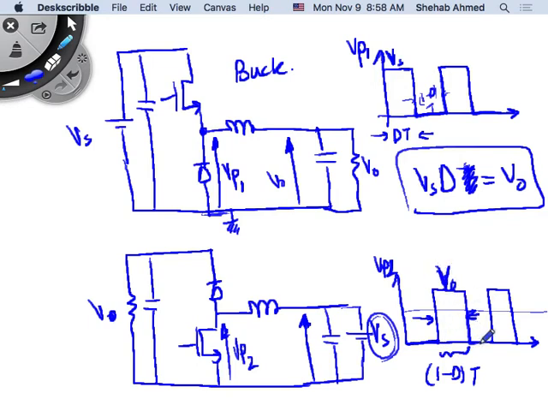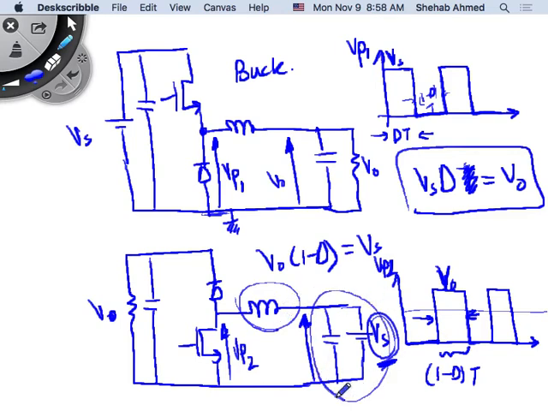The average value is the peak value multiplied by the duty ratio, so it's V output times 1 minus D. That is equal to Vs, because the AC component will be across this inductor and the rest is going to be seen on the other side of the inductor. So Vs is equal to V output times 1 minus D. Here, V output is equal to Vs times D. Did I have to go through the equations here?